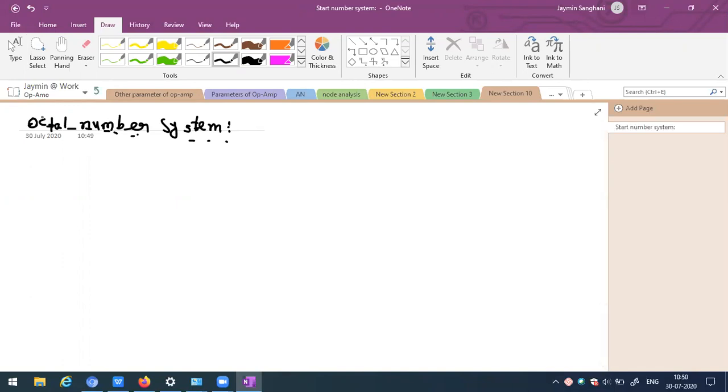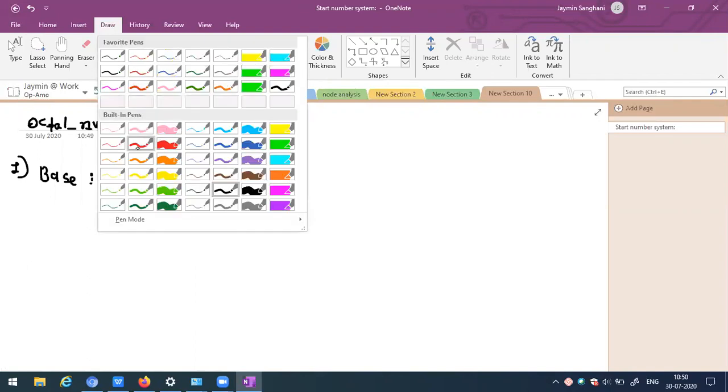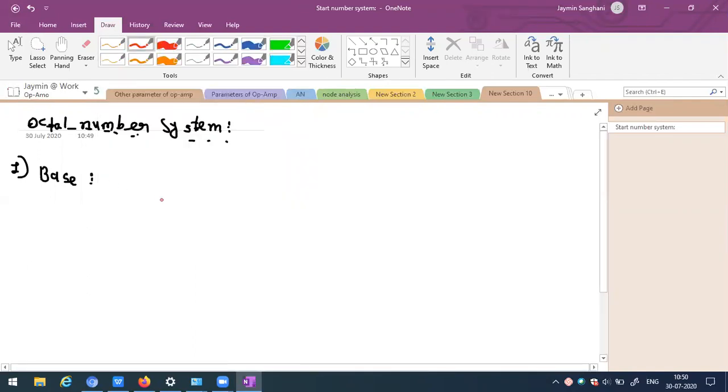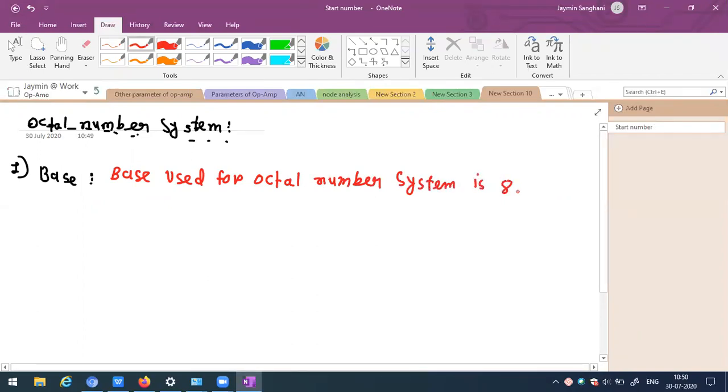First is the base. The base used for the octal number system is 8.